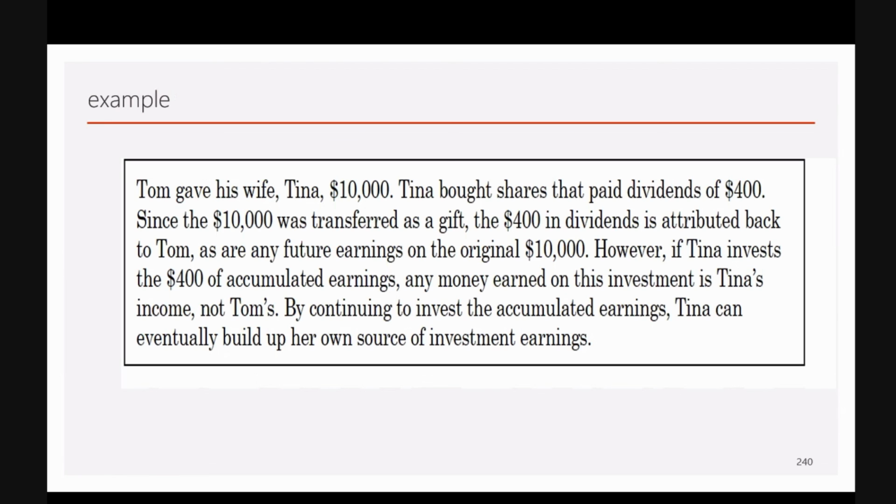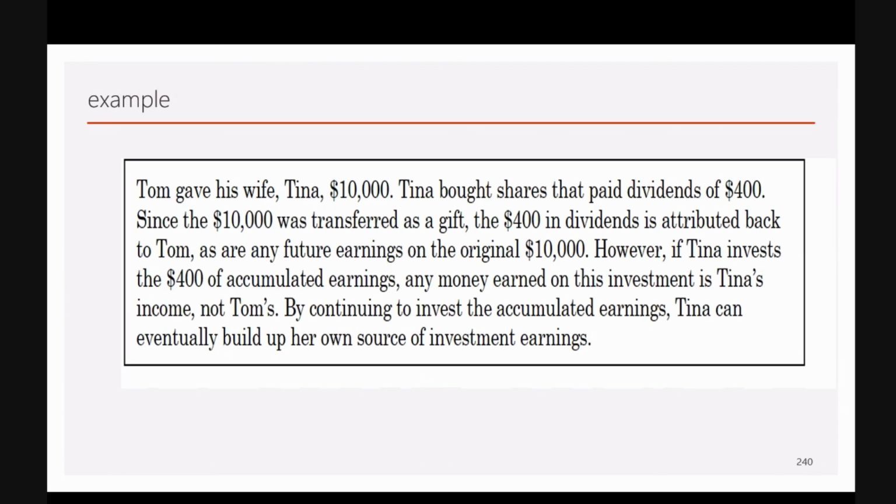Yeah. But if those earnings from the 10,000 are used by Tina, if she invested them, the earnings from there will be reported under Tina. Yes, that means if Tina used that 400, even though it's 400 from the 10,000, to make another investment, then any income from that is Tina's to report, not Tom's. It does not go back to Tom.